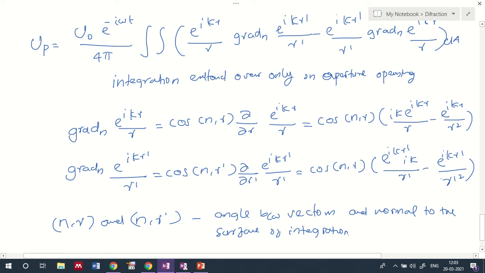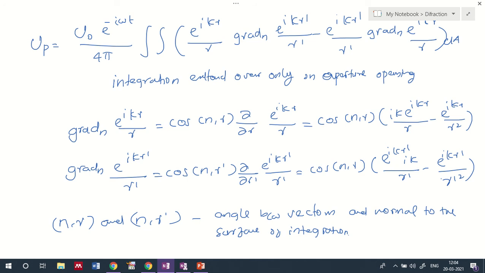If you compare these two equations, the second term can be negligibly small compared to the first term in the normal situation, where r and r dash are much larger than the wavelength of the radiation, because k equals 2 pi by lambda.